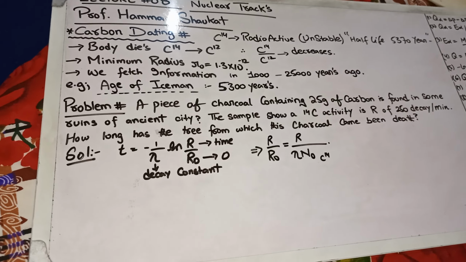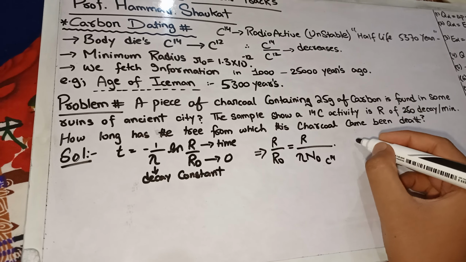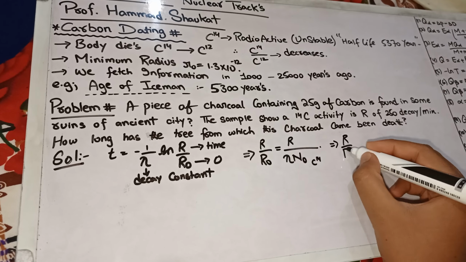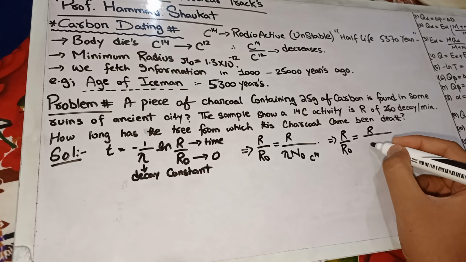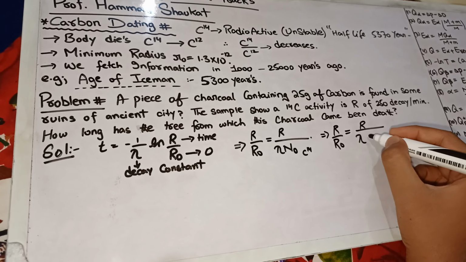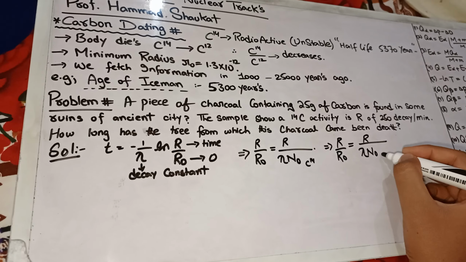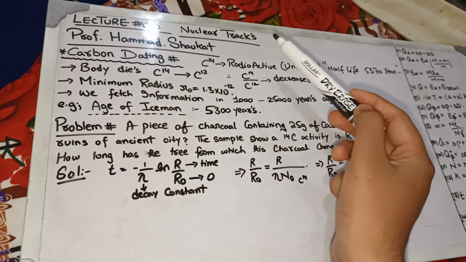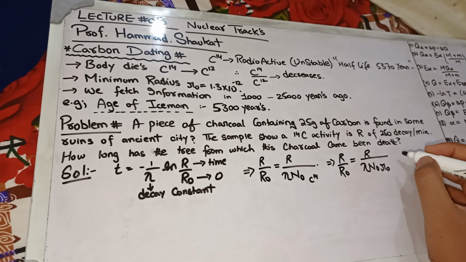The new thing added here is r naught, which is the minimum ratio, so it must be included in this scenario.